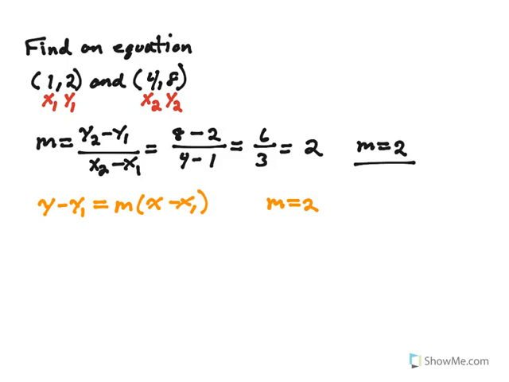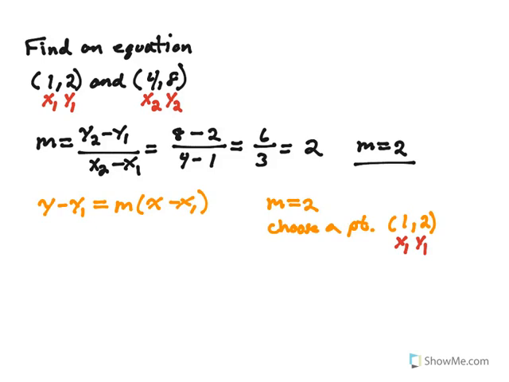And now when we do this, we can choose a point. So it really doesn't matter which one we choose. I'm just going to choose the first one. So I'm going to choose (1, 2). And again, that is going to be called x1, y1. And then we just go ahead and plug everything in, and we should be good to go.